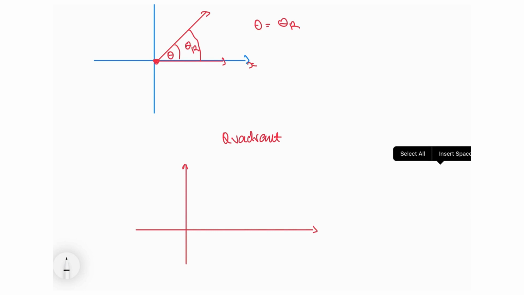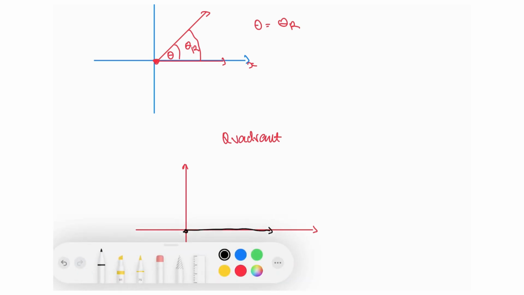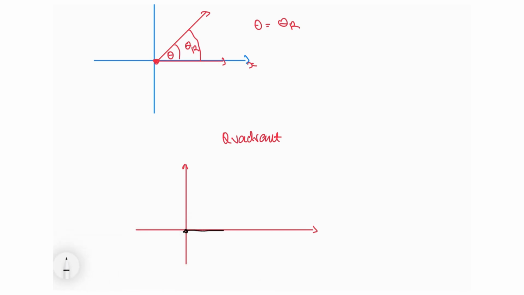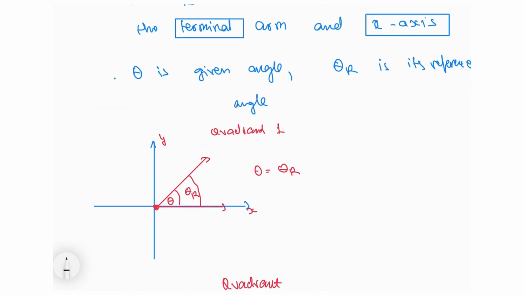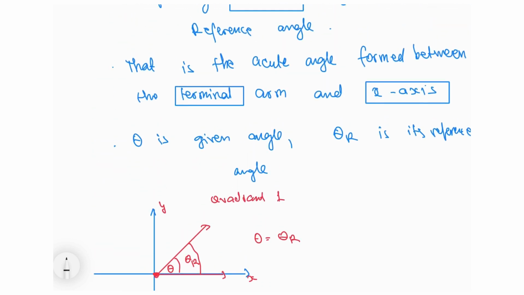Again, standard position. But the angle stretches over into the second quadrant. So this is theta. This is the x-axis. What does the definition say? That is the acute angle formed between the terminal arm and the x-axis.